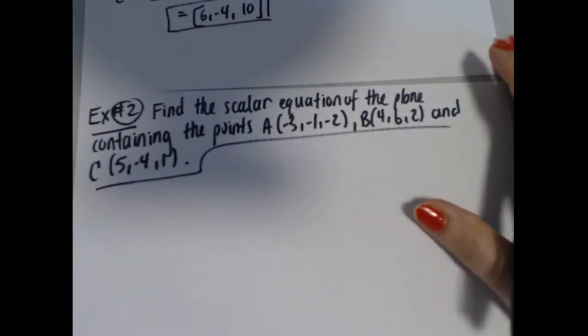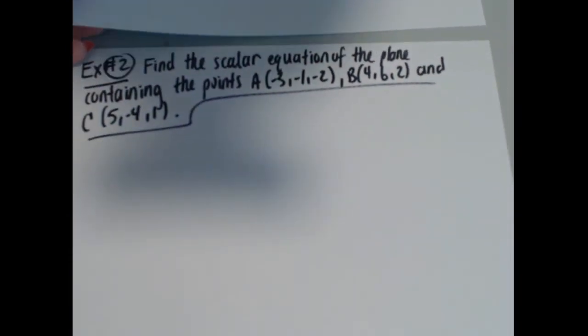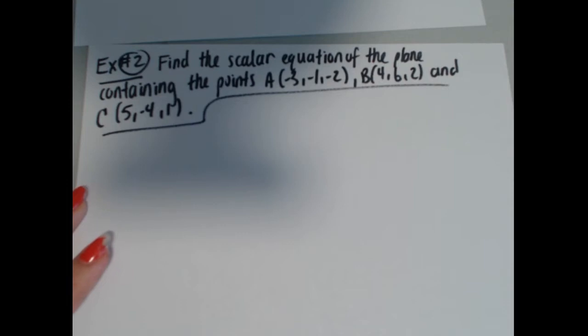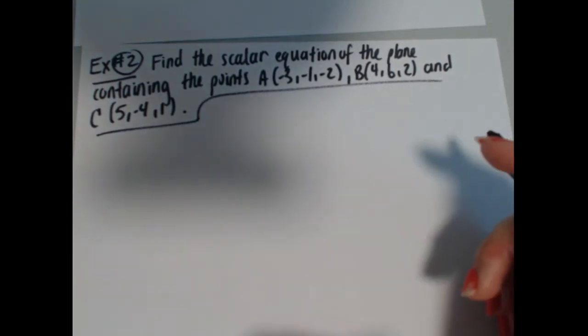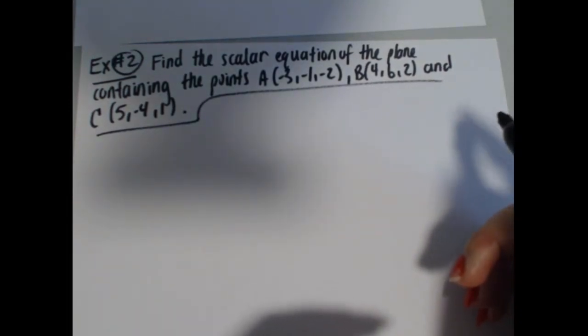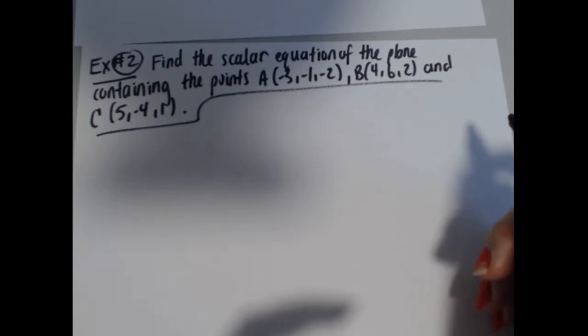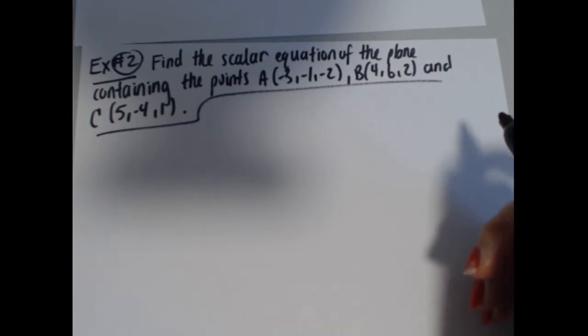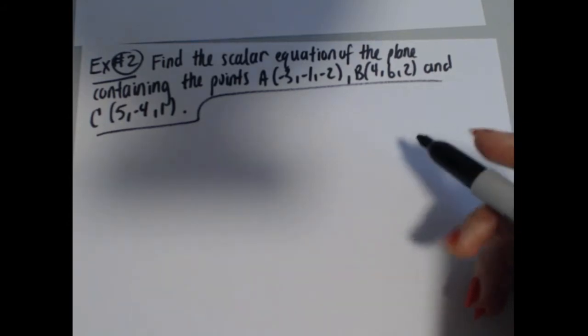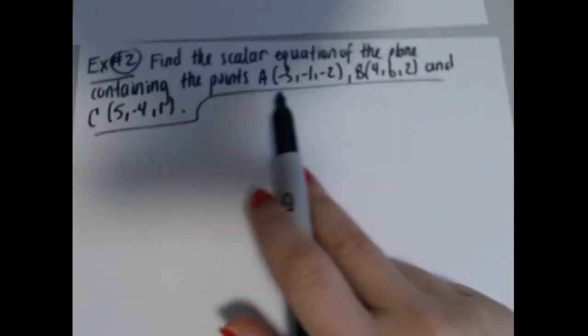So like I said for the previous sets of examples, in order to solve a lot of these questions, you have to use what you know, use those tools and problem solve your way to figure out the answer. You have to have very good logical reasoning here. All right, so we have 3 points.